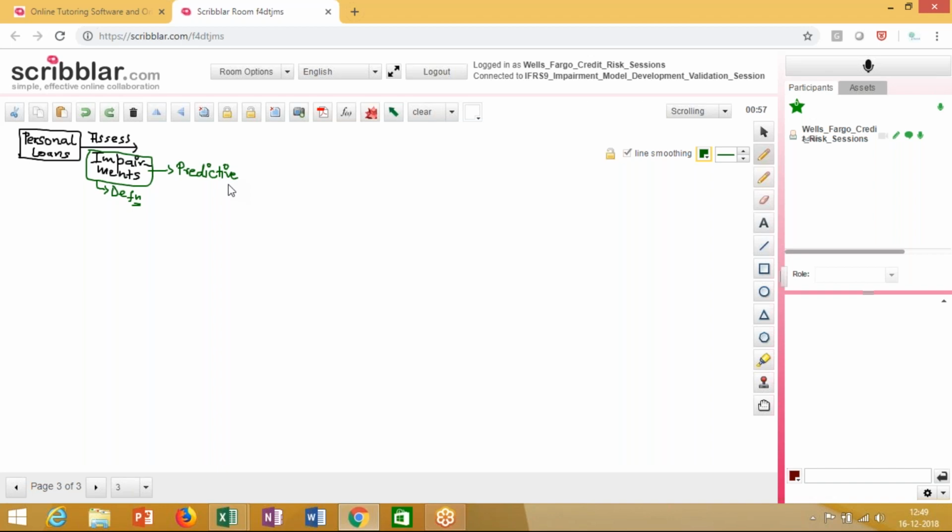The moment I give out the loan to a particular borrower, I make my model predictive in nature by preemptively tracking the behavior of this account. And I do not actually wait for this account to go into real default.